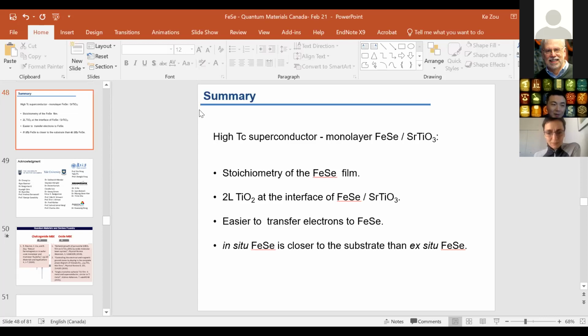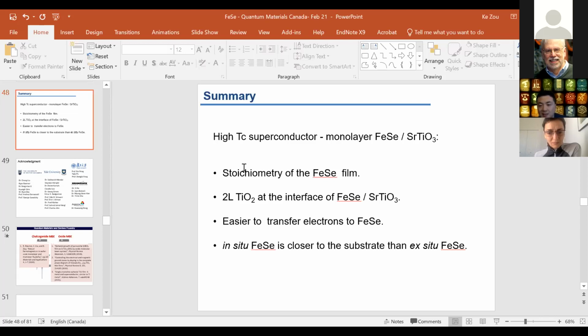So I know people are trying to implement these parameters in theory right now, but I haven't seen any publication yet. By the way, I want to add one thing: so far all the calculations for monolayer iron selenide don't really agree with the ARPES measurement. For example, George Sawatzky is still trying to do a calculation to actually get the band structure from the ARPES measurement, but so far I don't think anyone has succeeded.